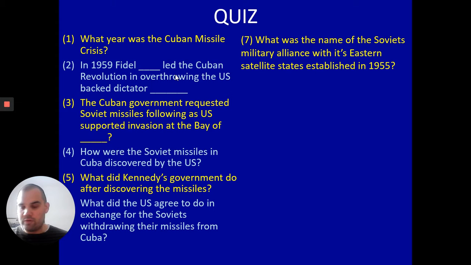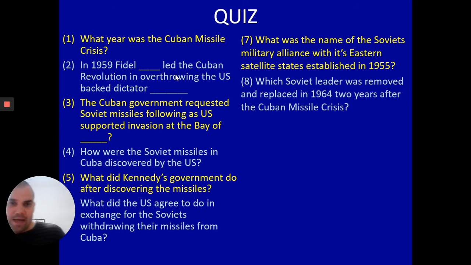It's that one that is their version of NATO. Right, number 8. Which Soviet leader was removed and replaced in 1964, 2 years after the Cuban Missile Crisis? And see if you can spell it right as well.